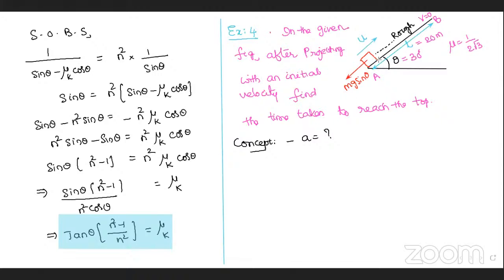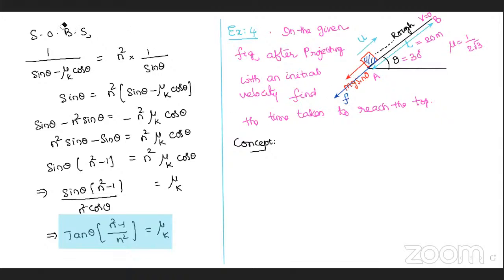You know who is opposing the motion? The friction. So friction also acts in the opposite direction to the motion. So when the block tries to go up, these two forces are pulling its legs backwards, means opposing the motion.